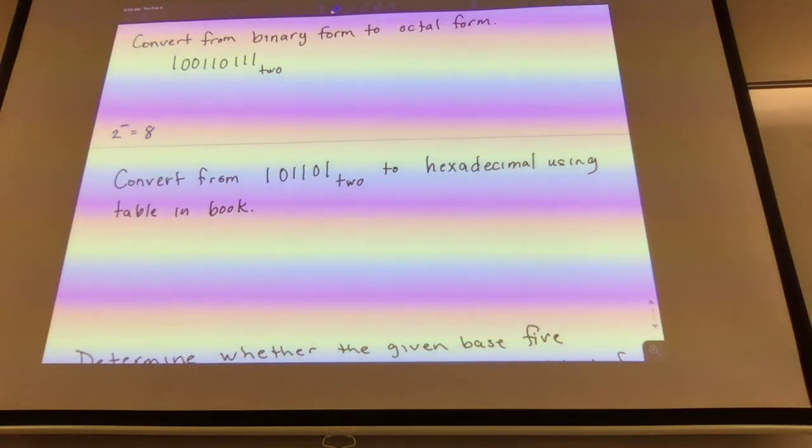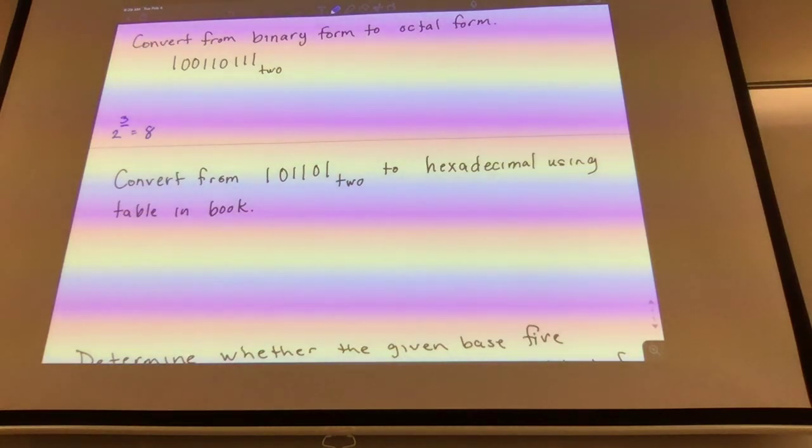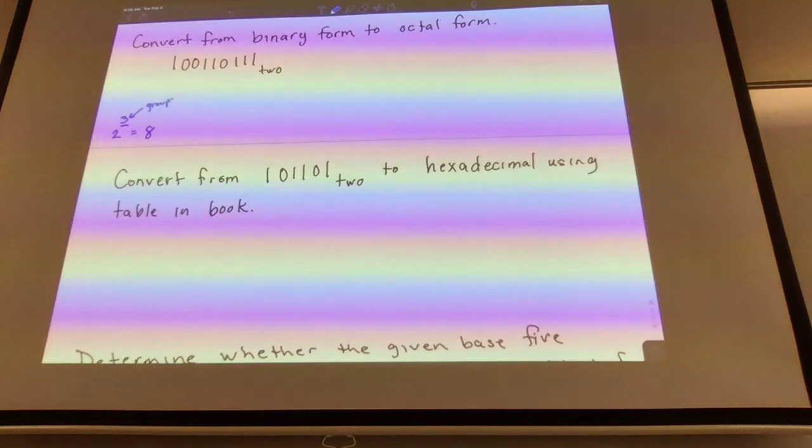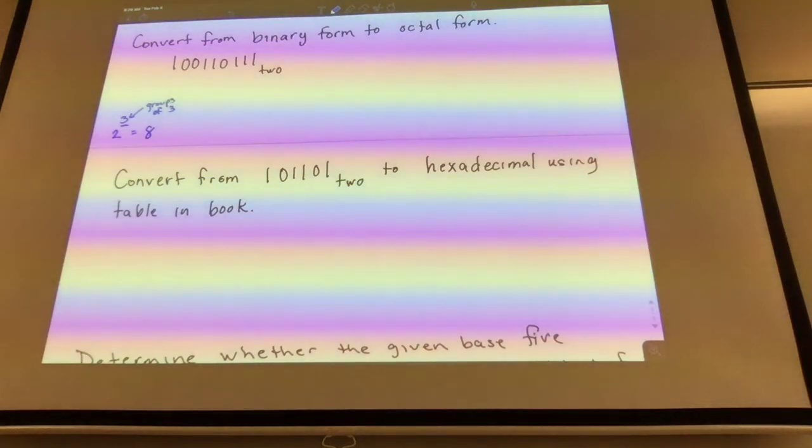2 to the what power? To the third power. Okay, so 2 to the third power gets us 8. So what we're going to be looking for here is groups of 3. I'm just going to make you some side notes over here.